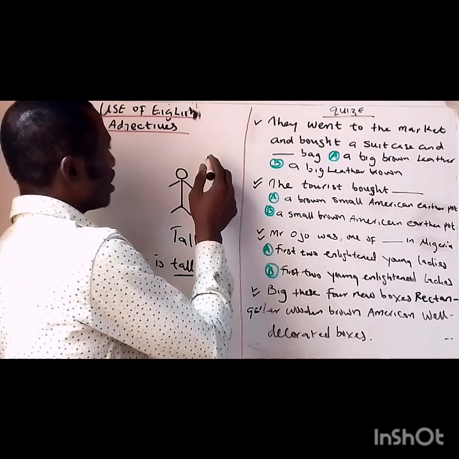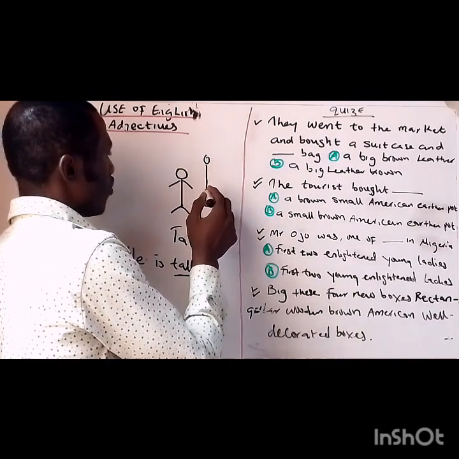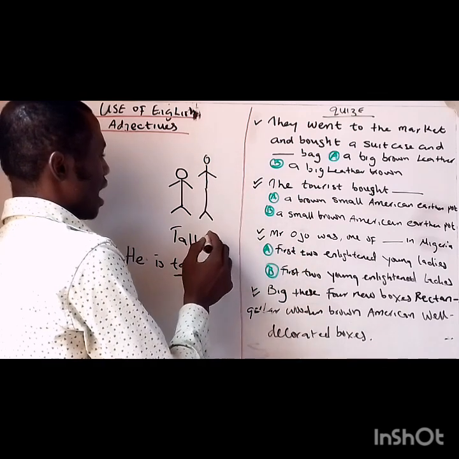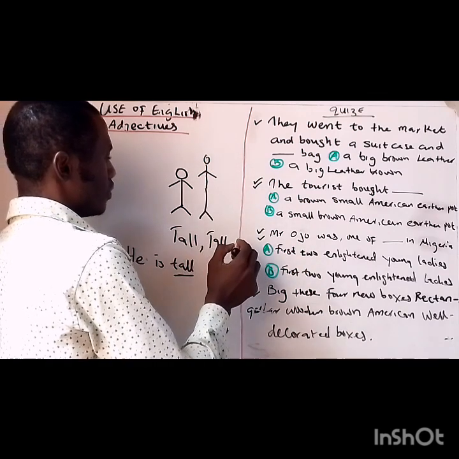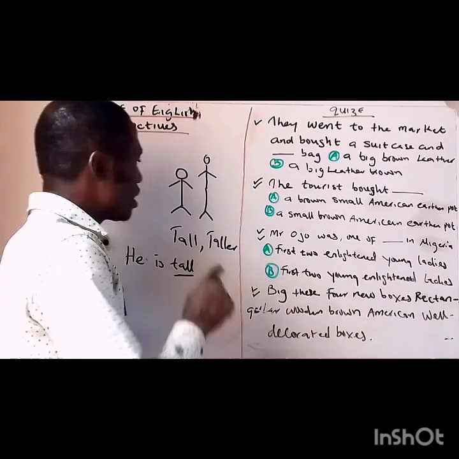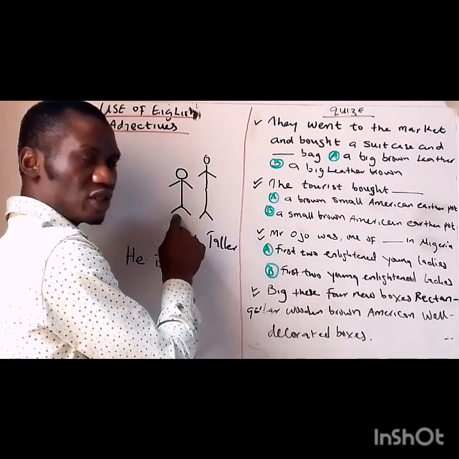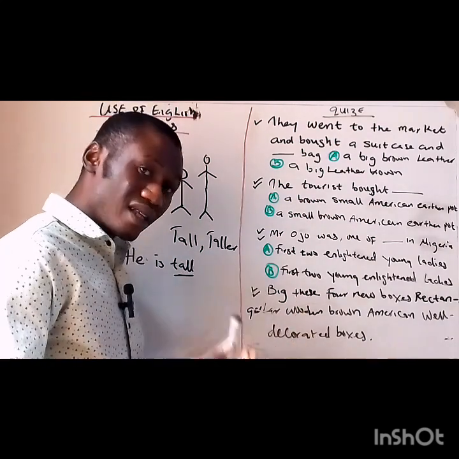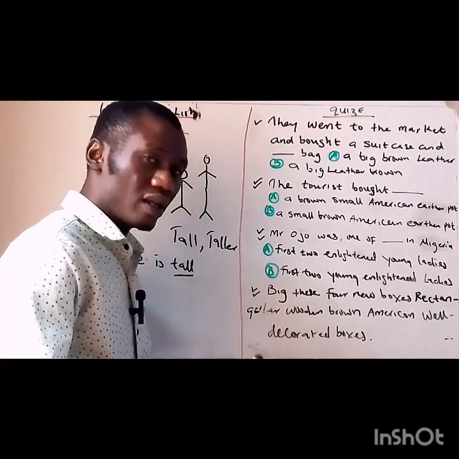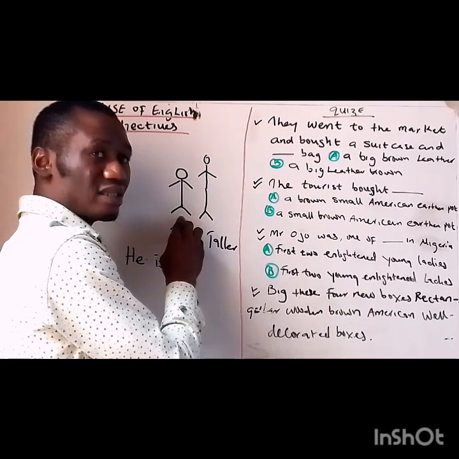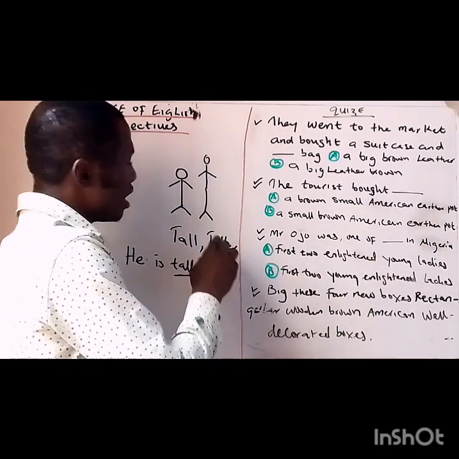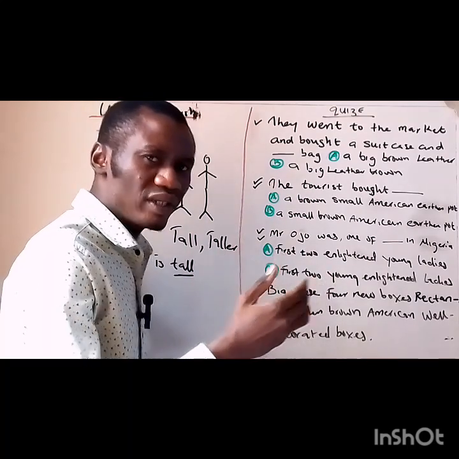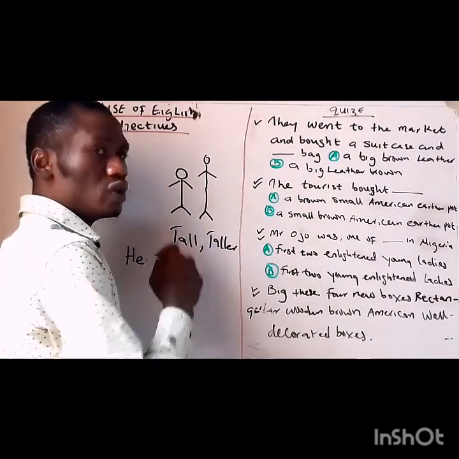Well, if I have another man standing over here, you can say that this guy is taller. You are comparing this man and this man. Although this man is tall, the word tall is the adjective that qualifies this man. But when we say this one is taller, it is the adjective that makes comparison between these two men.